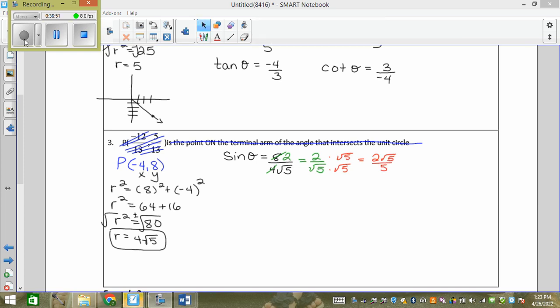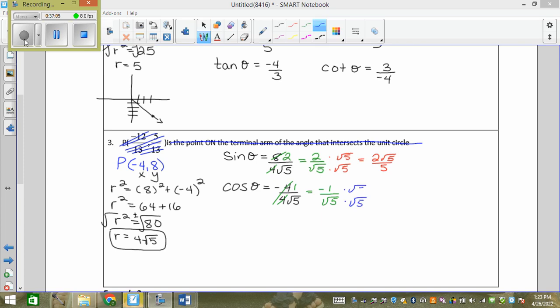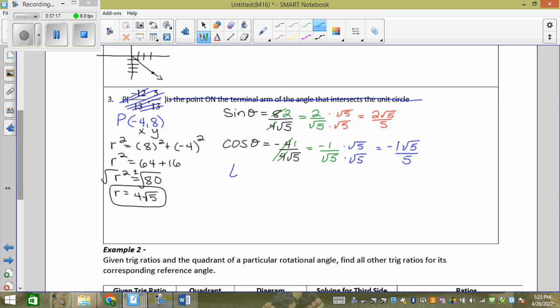5. Then cos theta is x over r. So I'm going to get negative 4 over 4 root 5. The 4's cancel. I'm left with negative 1 over root 5. And then rationalize it. Then tan is y over x, 8 over negative 4, which is negative 2.